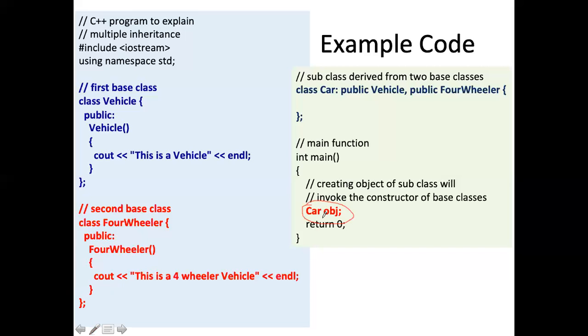So as soon as I declare the object of car, then of course the constructors will be called. ठीक है, तो यहाँ पे car is getting inheritance or is getting the functions from a vehicle as well as four wheelers, right? तो constructor call कैसे होगी? Vehicle का अपना constructor है और four wheeler का अपना constructor है. That's the question.